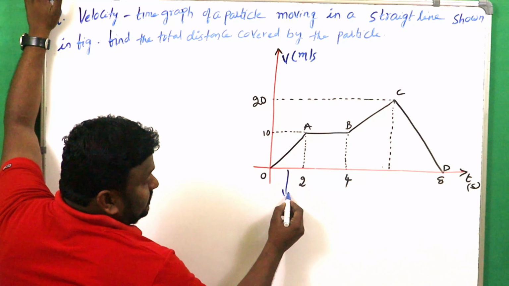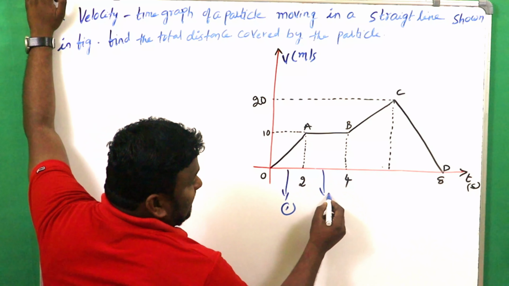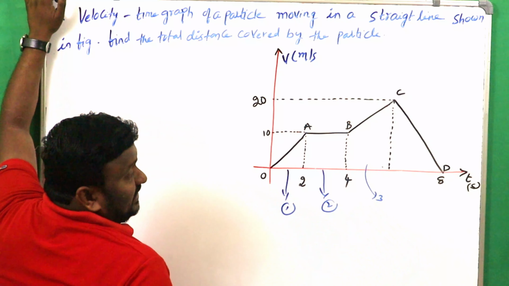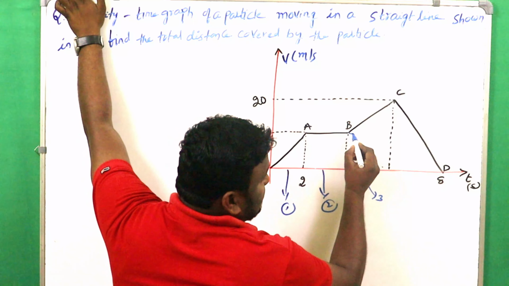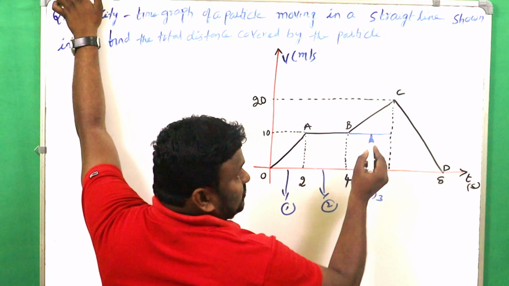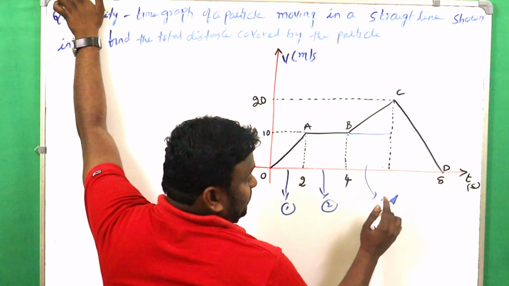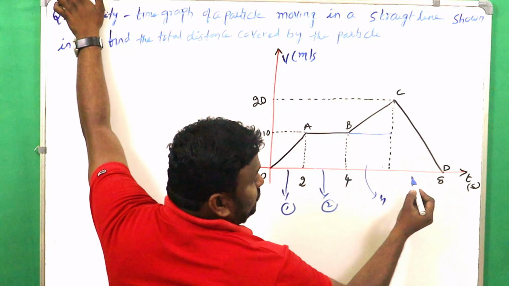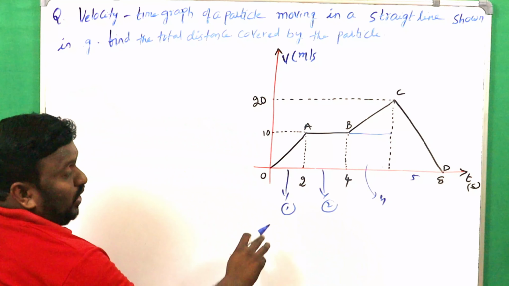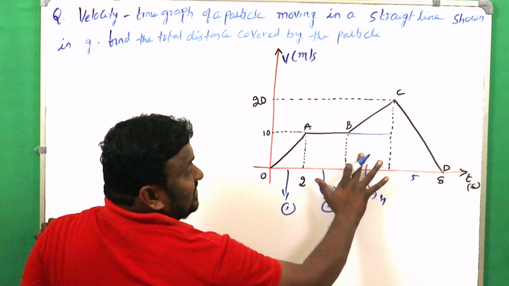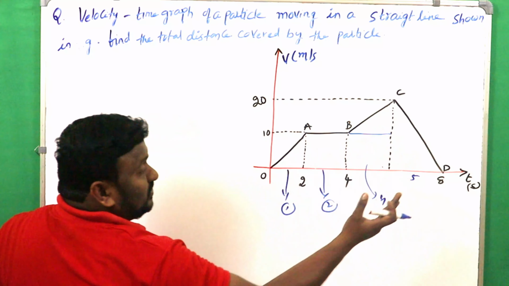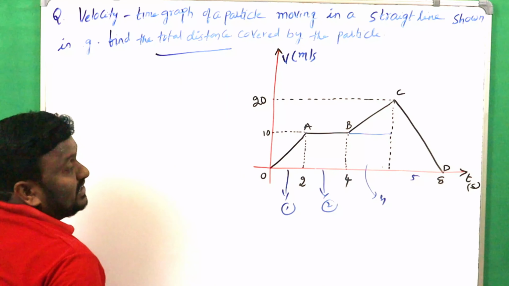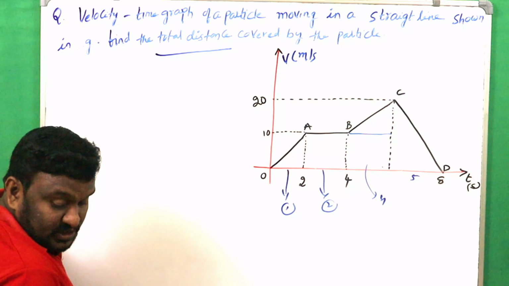This is the first one, this is the second part, and this third part should again be divided into two parts like this, so this is the third one and this is the fourth one. Next is the fifth one. We find the distances individually, and after combining all of them, we get the total distance covered.